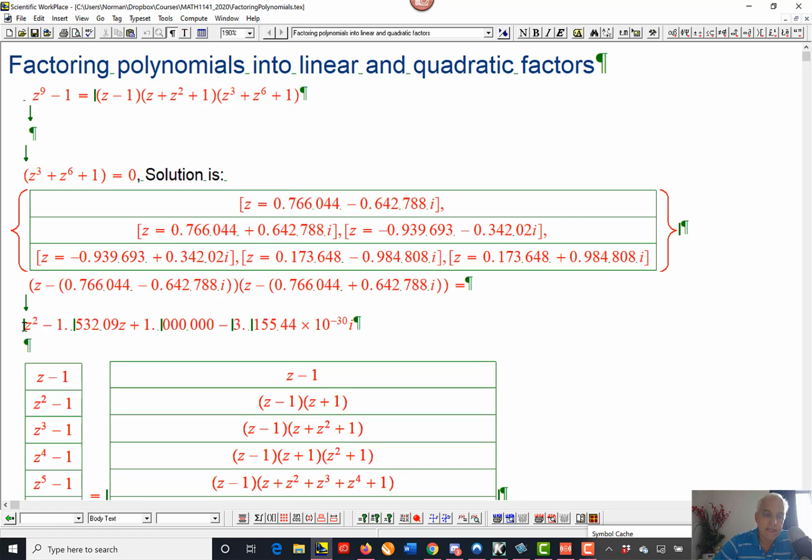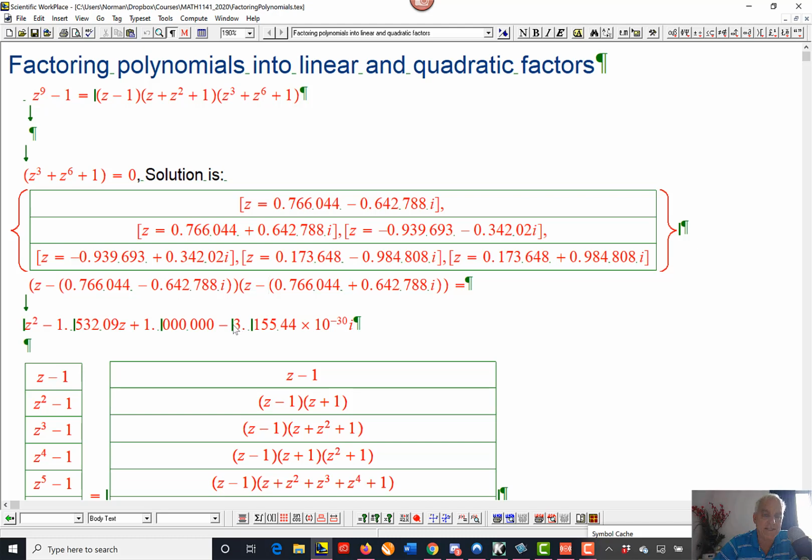Now, what do we get? Well, you see it's z squared minus 1.532 roughly times z plus 1. And then there's this extra term here, and it's very small because it has a 10 to the minus 30. Where is that coming from? Well, that's just because these values that I put in here were not the exact zeros. We're not in possession of the exact zeros. We never really are from a computational point of view.